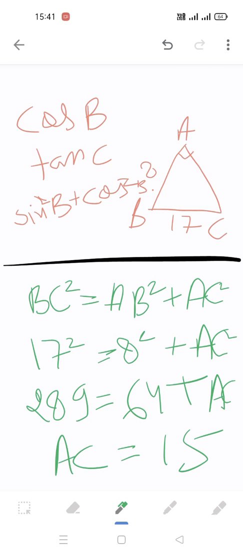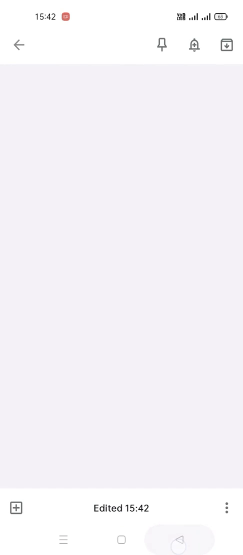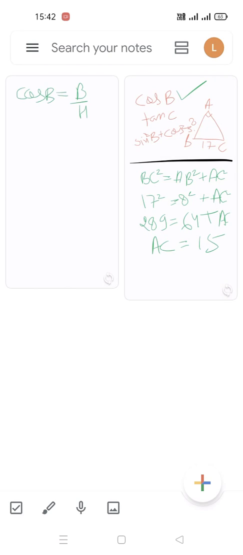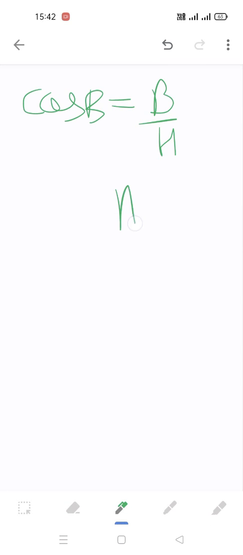Now our first point is cos B. We have to find cos B. The value of cos B is base upon hypotenuse, right? So the base here is AB, so it's AB upon BC, that is 8 upon 17.